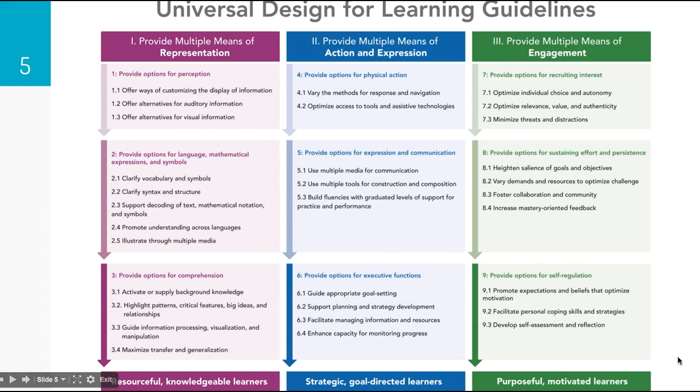So each network is broken down into subsections. For example, under providing multiple means of representation, as a teacher, when you're presenting information to a student, can you make a variety of options for how a student perceives what it is that you're teaching? Can you provide different options of symbols and expressions?